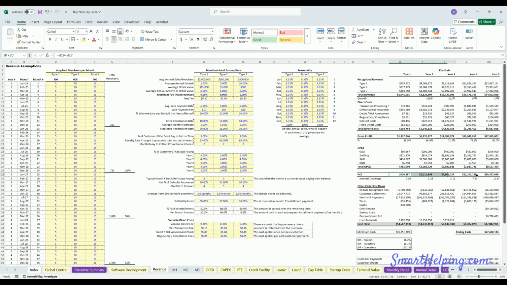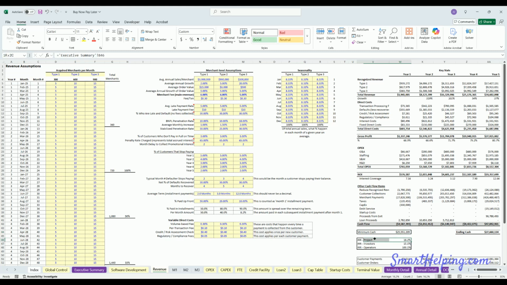You can see net operating income, your revenues from each tier, direct costs, minimum cash required. This is a big one: how much you need from investors or owners.